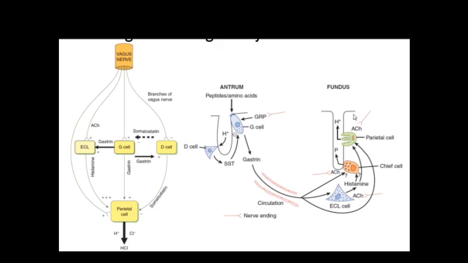Other than that, it increases gastric and intestinal motility. It also promotes an increase in pancreatic insulin and glucagon release. Those are the roles played by gastrin, other than having an important role in gastric juice secretion.